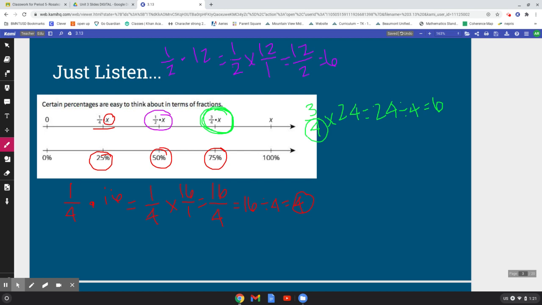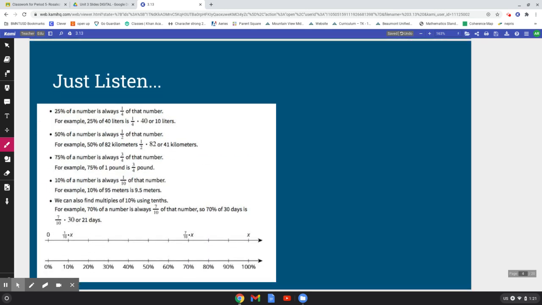Now what we do is we times it by the numerator and you would get 18. Okay, so when you're trying to find 75% of a number, you first divide by 4, then you times by 3. So those are just very important things to know as you're moving forward with percentages.